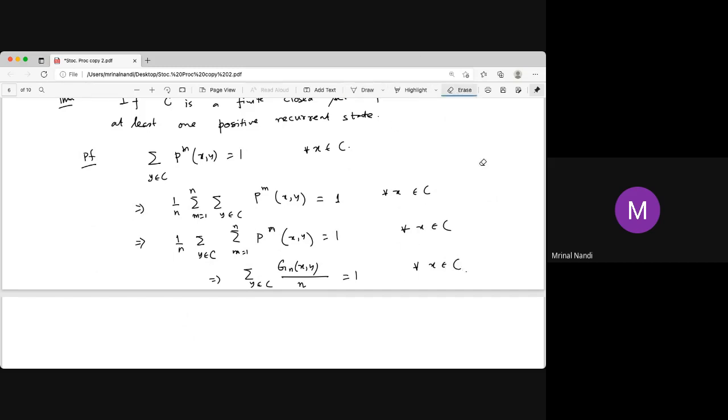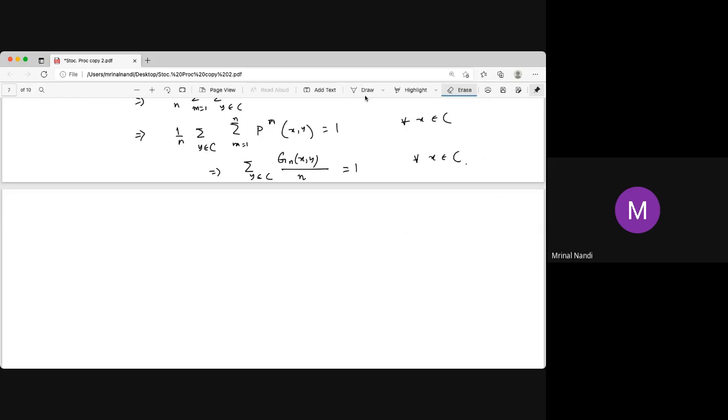Now what do we have to show? We have to show that there is at least one positive recurrent state. Why must that be true? Now, if possible, let each state in C be transient or null recurrent.